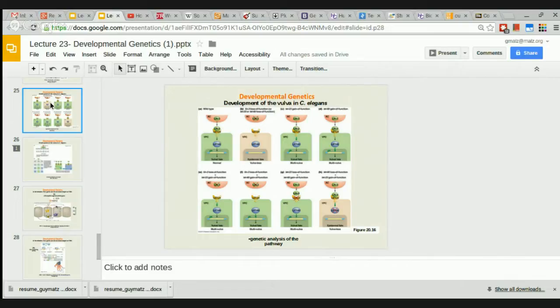So the same molecule, same gene, can have loss of function or gain of function mutations. The gain of function Let23 essentially is multivulval. Same thing for Let60: you can have loss or gain of function mutation. The RAS mutation in human cancers is a gain of function, and the response there is that it induces uncontrolled cell division. That's why it's involved in cancer.